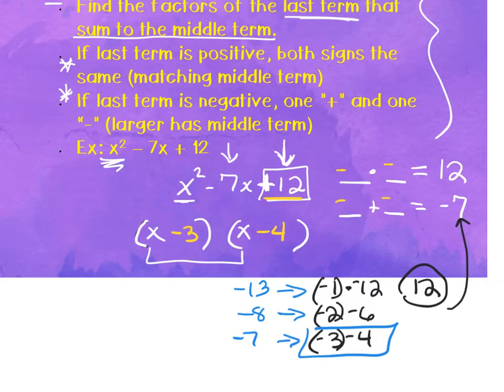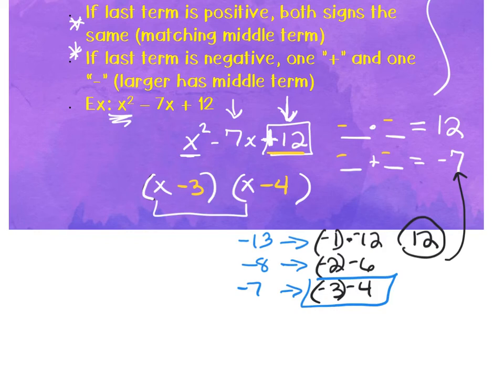What I highly recommend, if you have time, is to check your answer by taking your binomials and FOILing them. If it goes back to your original problem, then you've picked the correct factors.